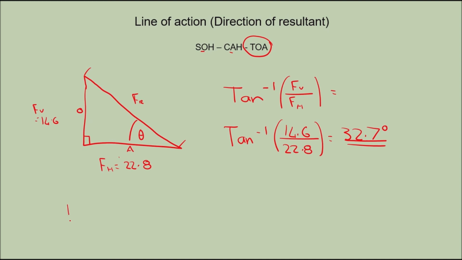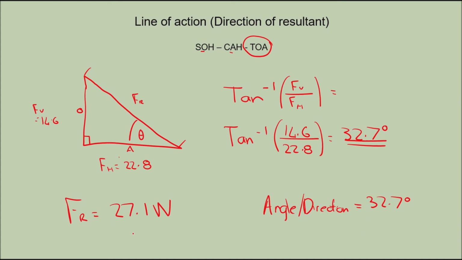So our resultant force, FR, just to make this nice and neat here, is 27.1 newtons. Well, it's more like a W, but let's call it newtons. And the angle, or the direction, equals 32.7 degrees.